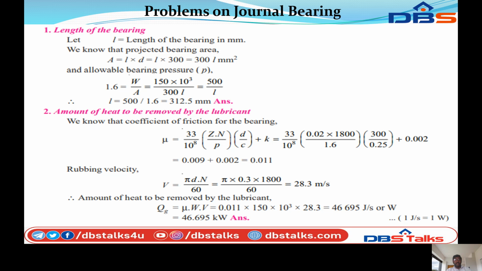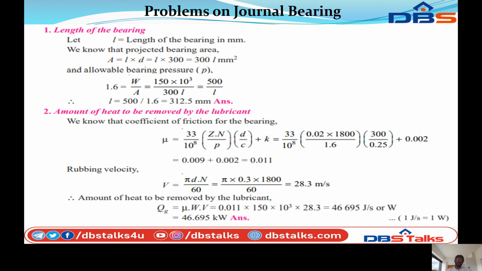Next you can calculate the amount of heat to be removed by the lubricant. We know that the coefficient of friction for the bearing mu is equal to 33 by 10 power 8 into Z N by P into D by C plus K. Substituting the values: 33 by 10 power 8, ZN 0.02 into 1800 by P 1.6, small d 300 divided by C 0.25, plus K 0.002.